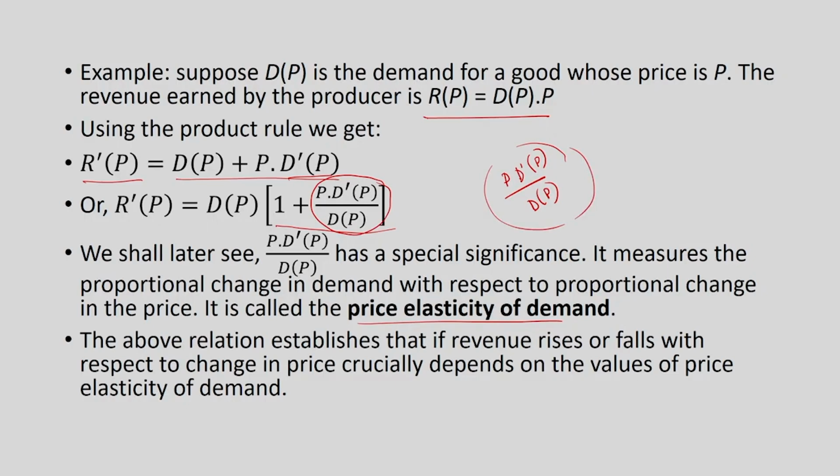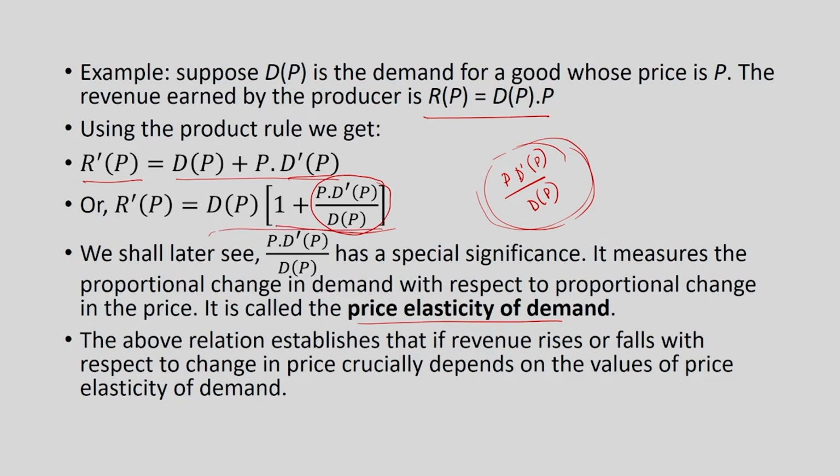The above relation establishes that if revenue rises or falls with respect to change in the price, it crucially depends on the values of price elasticity of demand, right. So, if I take the absolute value of this, it is negative, but if I take the absolute value and it is greater than 1, then this whole expression will be negative.